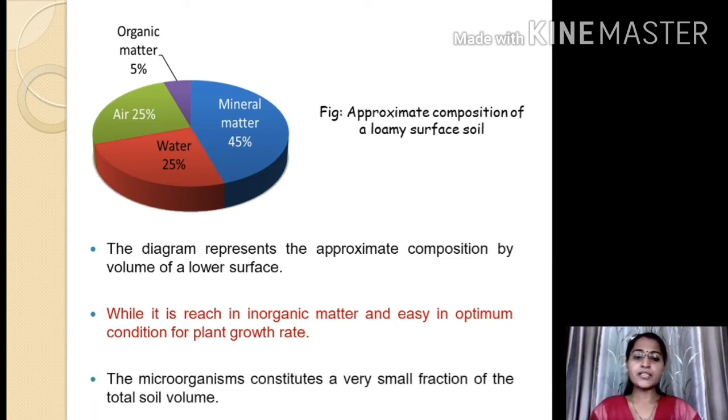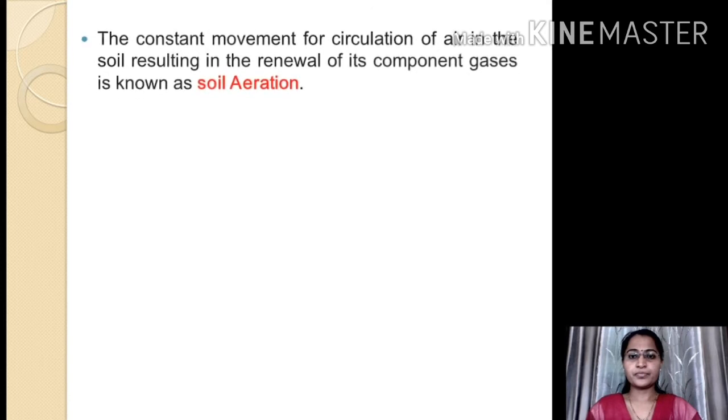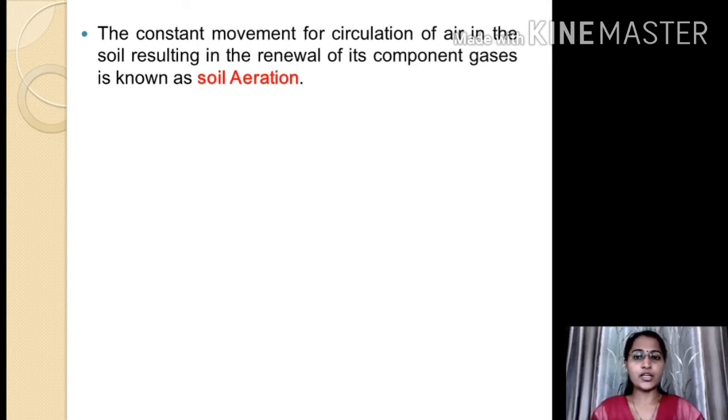The microorganisms constitute a very small fraction of the total soil volume. Now see the soil aeration. The constant movement or circulation of air in the soil, resulting in the renewal of its component gases, is known as soil aeration.